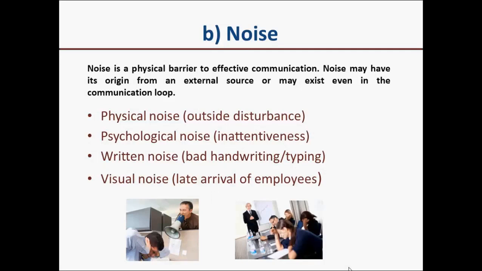You pretend you are listening, but something else is in your mind. Written noise, bad handwriting, typing, you can't read what your boss or whatever written, that's noise. Visual noise, late arrivals of employees, okay? So if somebody comes in now, it's like disturbing to that class.